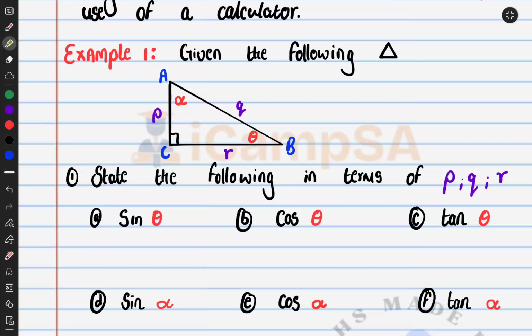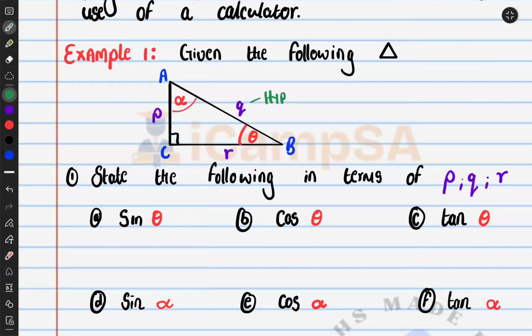Given the following triangle ABC with the angle theta and the angle alpha, and the respective sides labeled P, Q, R. First, let's determine which side is the hypotenuse. The hypotenuse is going to be Q. Why? Because Q is the side that is facing the 90 degrees angle.